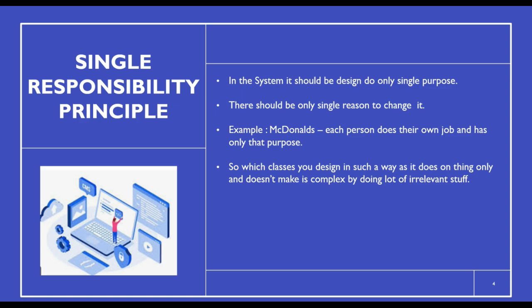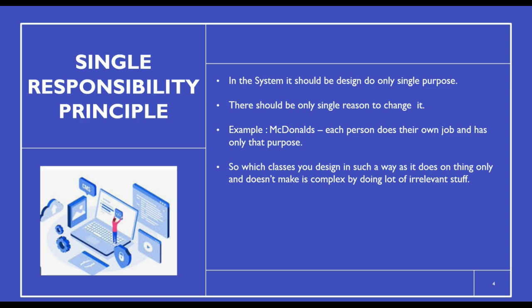Ultimately it gives you a final product, a burger or anything else you buy there. They each do their own job, and you get the product in a better and more efficient way. They are all doing the single purpose they are hired for.